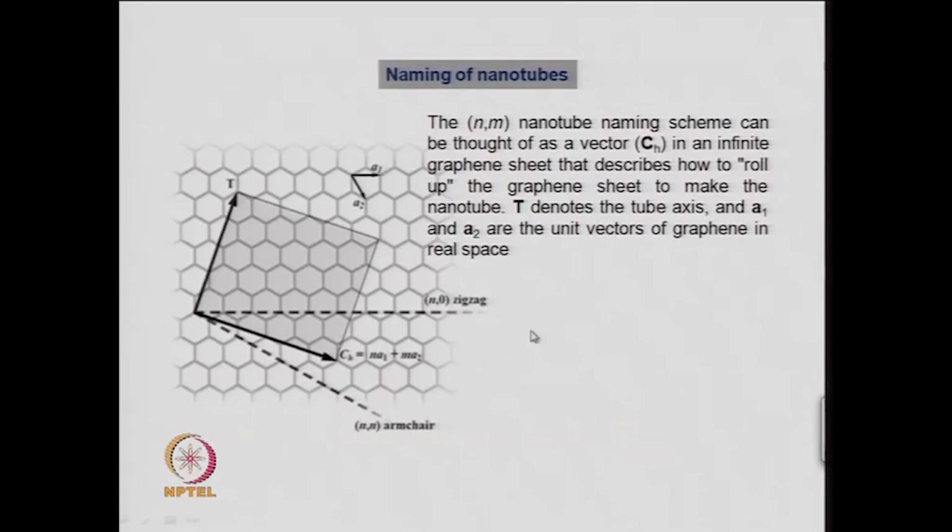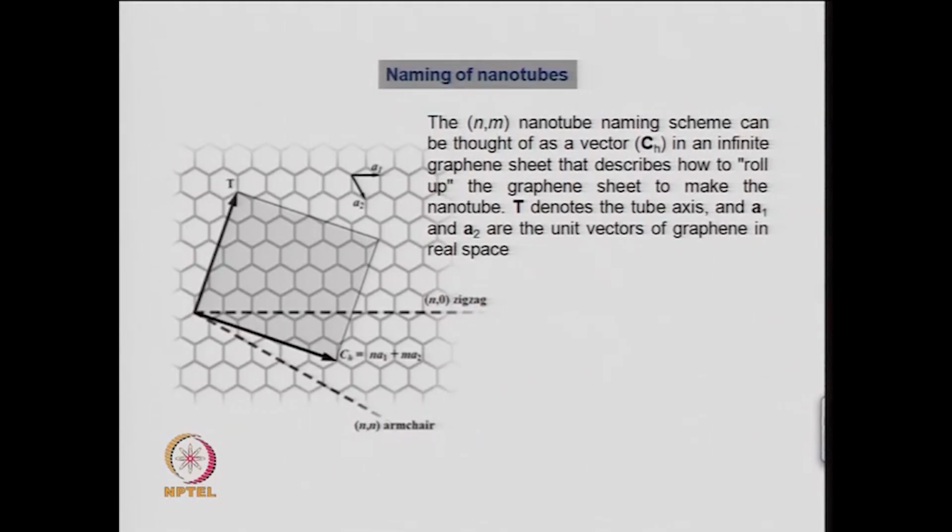That is what I said, if you take a vector a 1 and a 2 such that the coefficient of a 1 is n and a 2 is 0, that means the vector that you are taking is in this direction, because a 2 is 0 and only a 1 exists. So, you are looking at this vector, and that means this is the n 0 vector. This is called the zigzag nanotube.